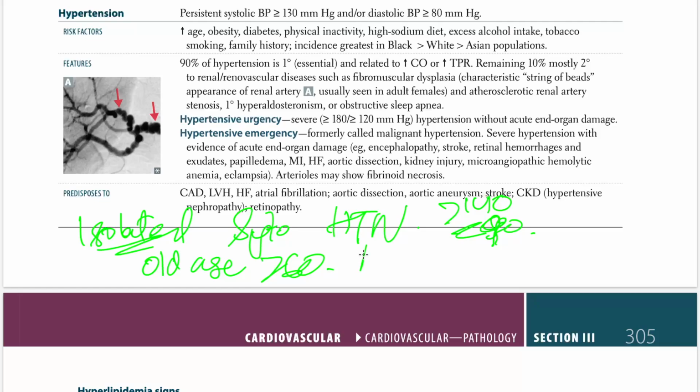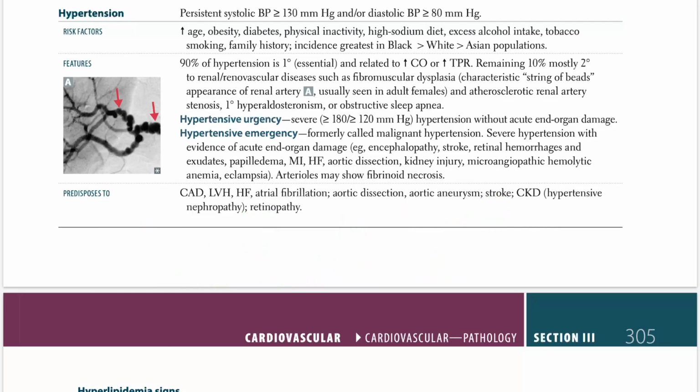And it will just cause increase in cardiac output. Okay, or two things actually. Either it's the old age, or you're just increasing the cardiac output. These are the risk factors to it. So what's happening when you increase the age? Let's talk about that.